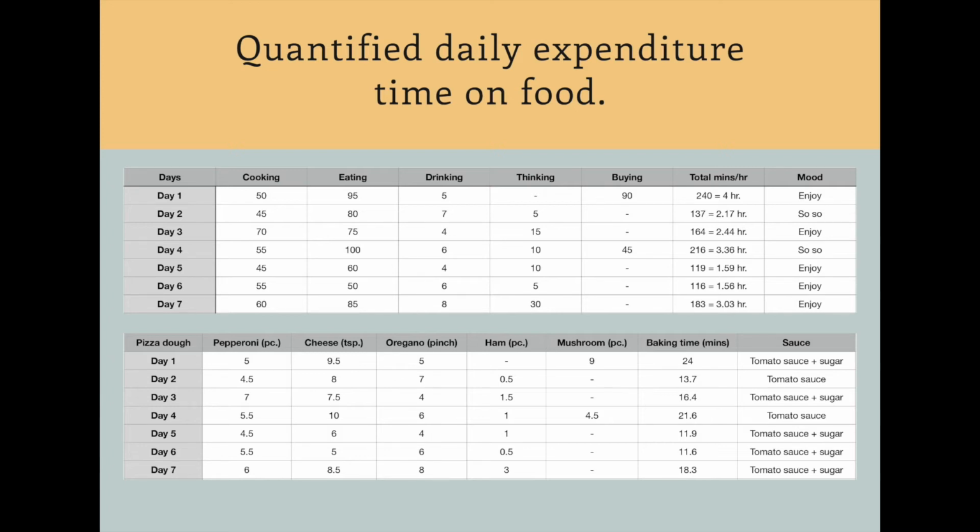For example, 50 minutes of cooking on day 1 equals 5 pieces of pepperoni, and I used tomato sauce with sugar to represent enjoyment, because the sweet taste on the tongue stimulates the release of chemicals in the brain, such as endorphins and serotonin, which improve mood and also calm the mood.